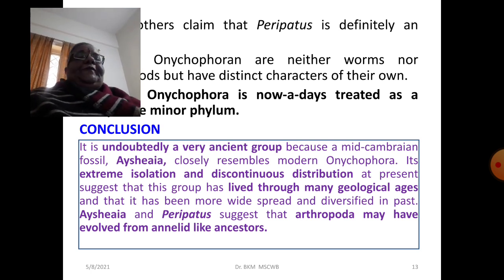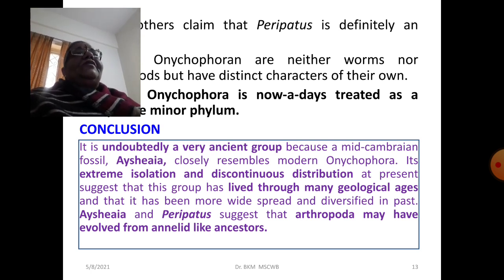What do you mean by that? Isolation means they are not found in all zoogeographical regions, and discontinuous distribution in the sense that, as of today, they are restricted to particular regions, the Australian region, and not found anywhere else. Don't say they are present in our lab in the bottle.